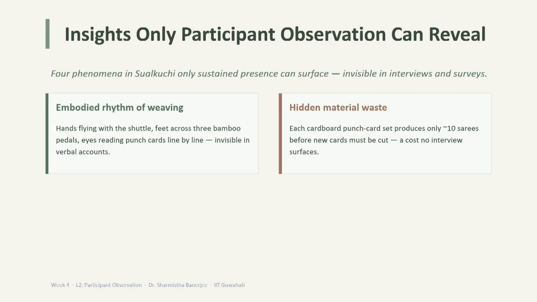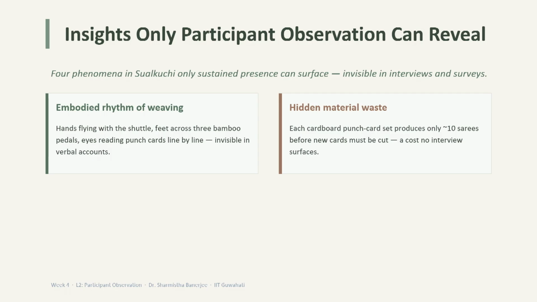The hidden material waste. When we were initially engaging in interviews to understand the whole ecosystem, and what kind of wastes are being generated, mostly people were concerned about chemical dyes.